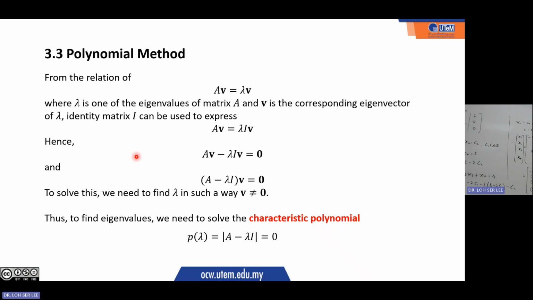You need to know this for this polynomial method. Okay, when you find the eigenvector, you have to know this.